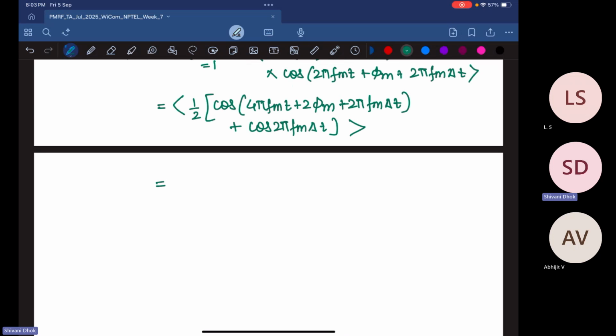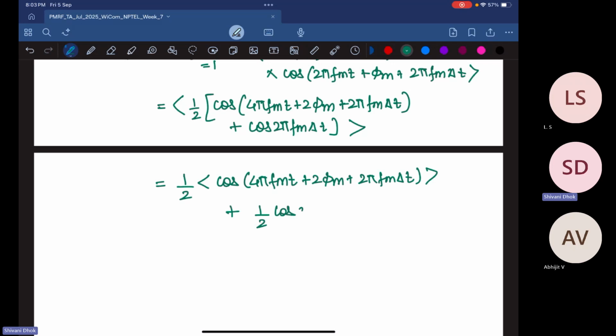Now what I'll do is separate it out. So I'll have half of the time average of cos of (4 pi fm t plus 2 phi m plus 2 pi fm delta t). This is a sinusoid varying with time, plus we have half of cos of 2 pi fm delta t. This is a constant, does not change with time, so its time average is the same as that quantity.